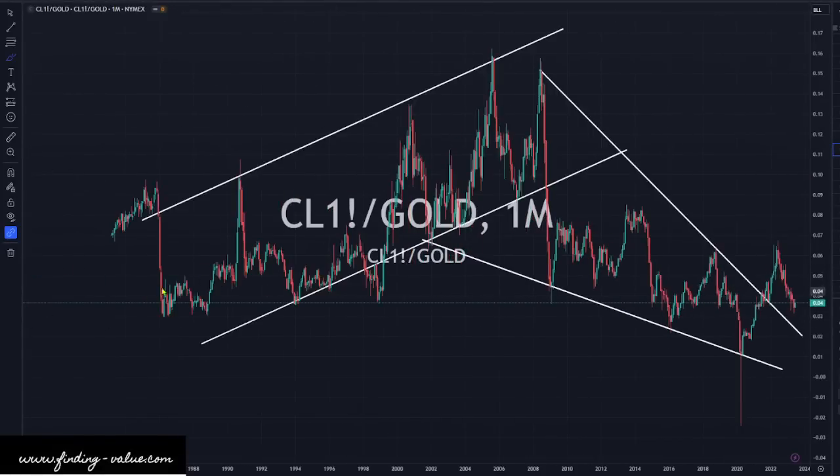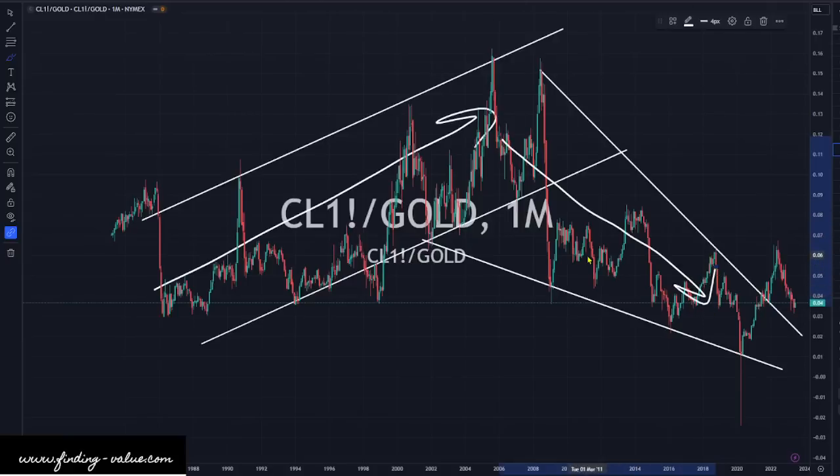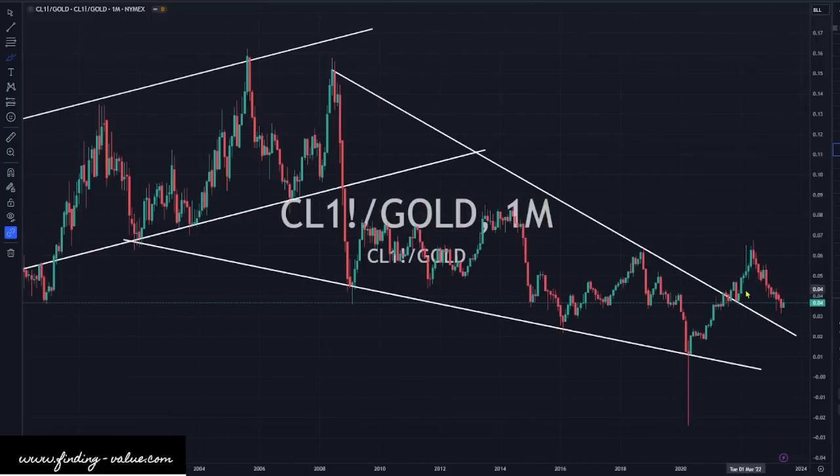Crude oil versus gold. This is crude oil dominance. This is gold dominance. When we're in a disinflationary environment, gold outperforms crude oil because gold is less sensitive to inflation than crude oil is. Crude oil just broke out here in 2021.